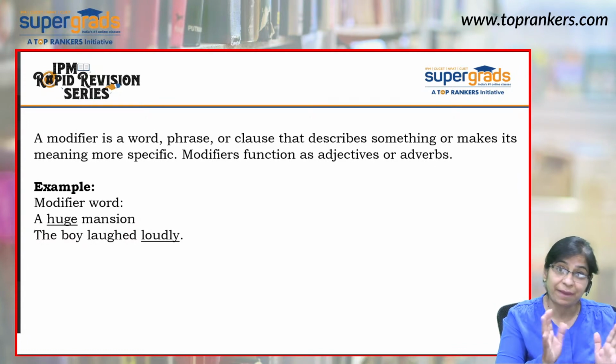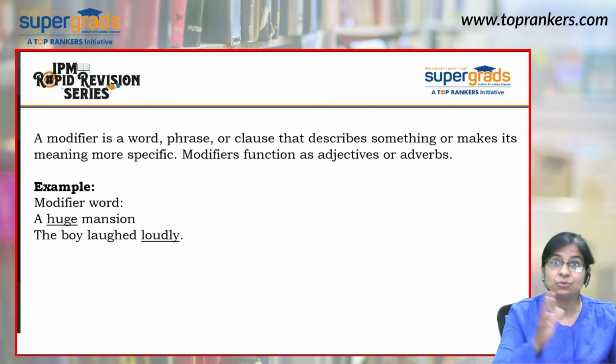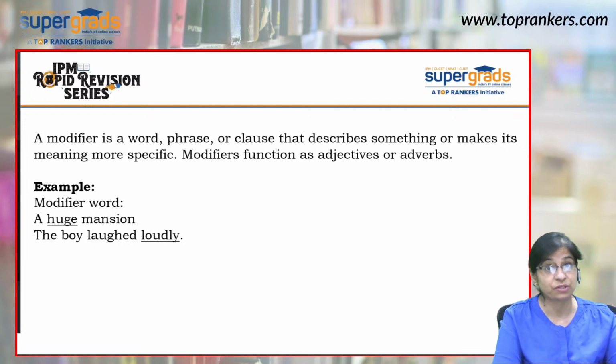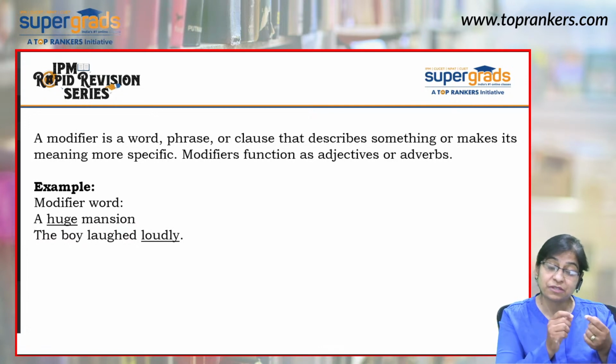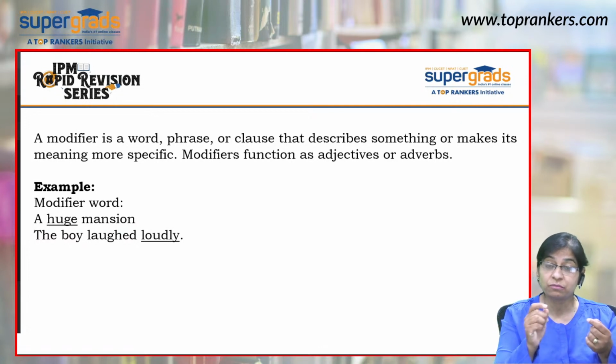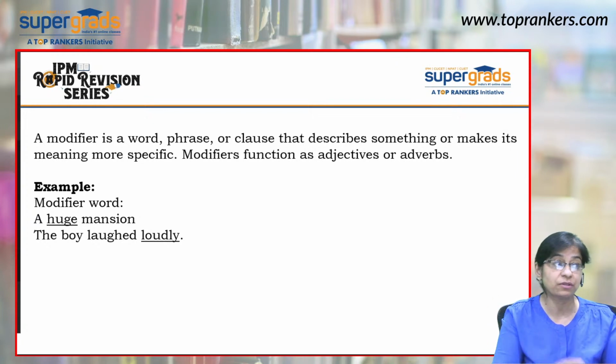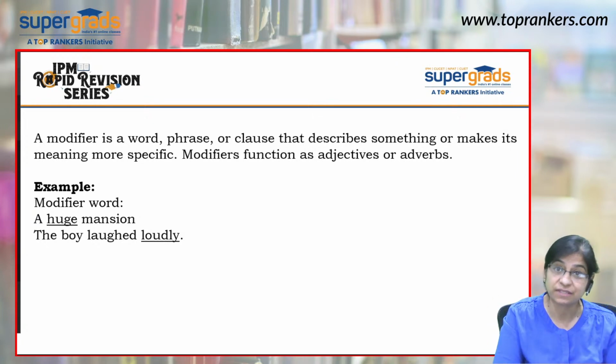And you picture a mansion in your mind, right? But if I say a huge mansion, a grand mansion, what do you picture in your mind now? You see a huge or a grand mansion in your mind, right? So the word huge, which is a modifier, describes the word mansion more. It tells you a bit more about the word mansion. So it's working like an adjective in the sentence.